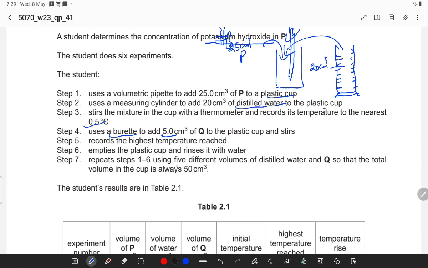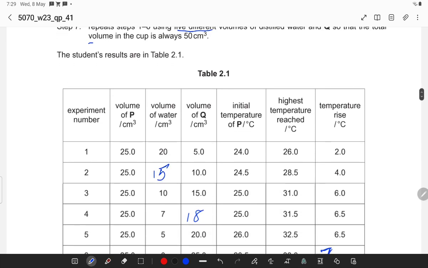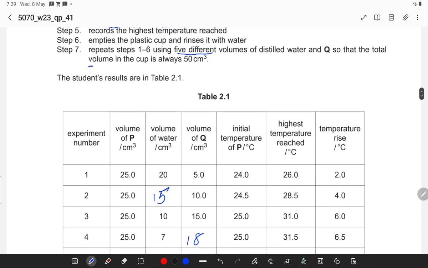Repeat steps 1 to 6 using 5 different volumes of distilled water and Q, so that the total volume in the cup is always 50 cm³. The student's results are in the table.